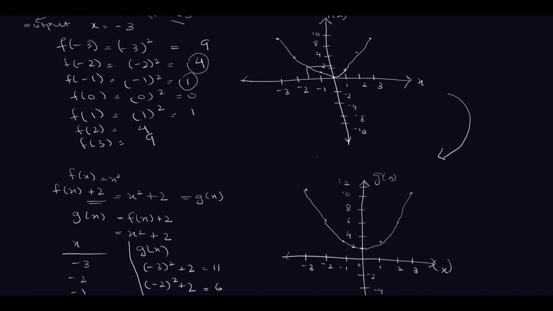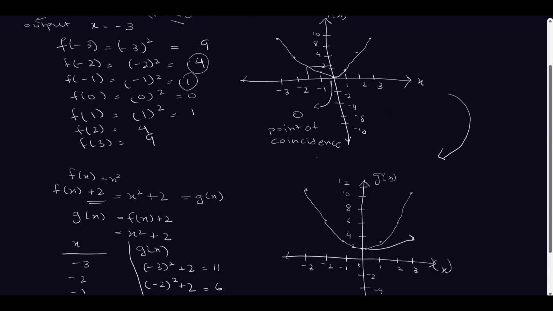The point of coincidence with the y-axis in the f(x) graph is 0, while for g(x) the point of coincidence is 2, right? So there is a transformation of plus 2 units up from f(x) to g(x), and it is shifted upwards.